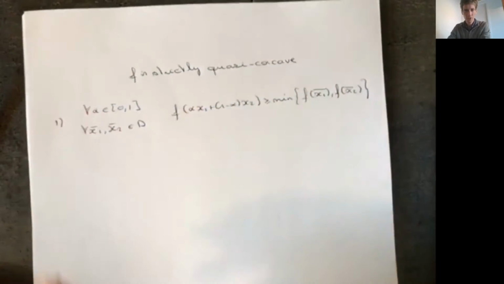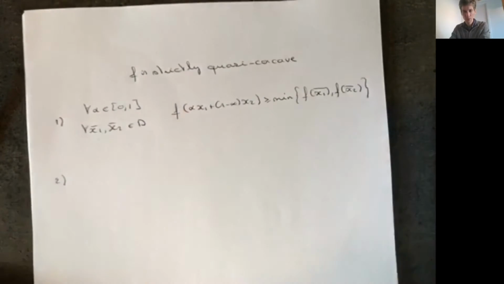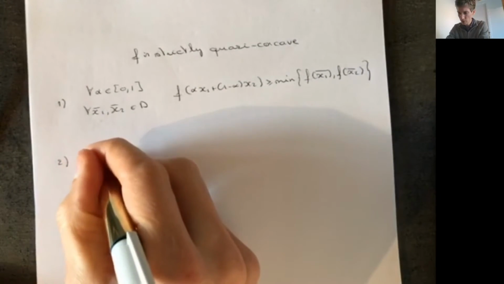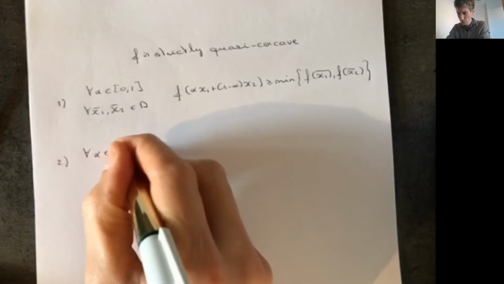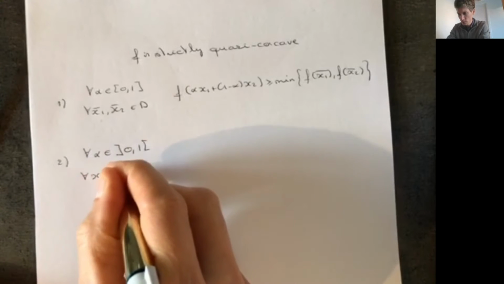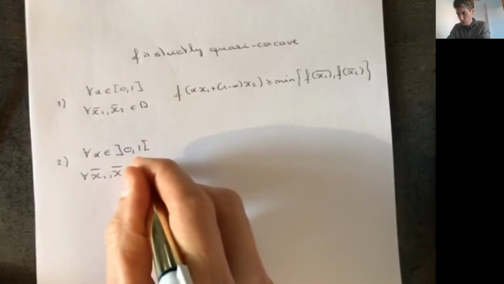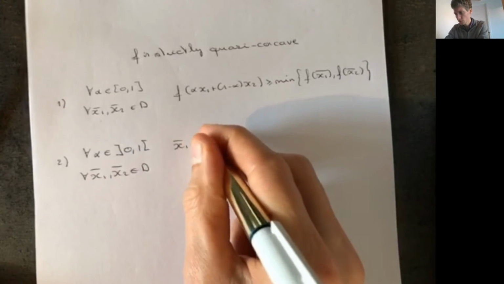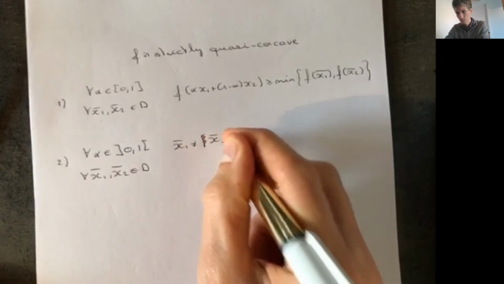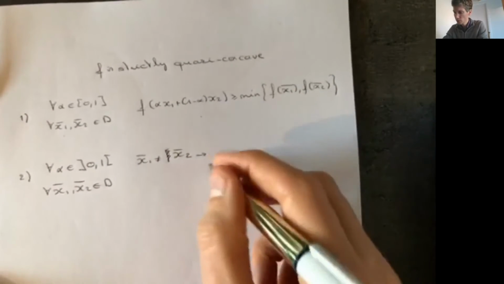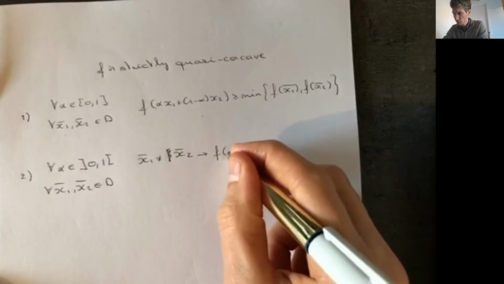So this is the first thing that has to hold, and then we have somehow a stricter notion, which means that for all alpha strictly between 0 and 1, and for all x1, x2 in the domain, if x1 is different from x2, then I have this inequality, but with a strict sign.